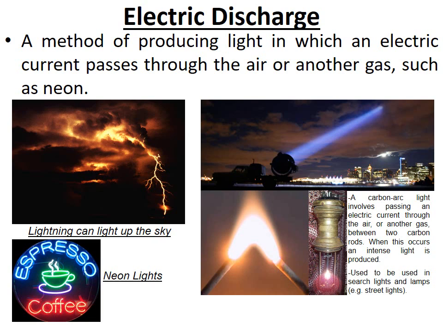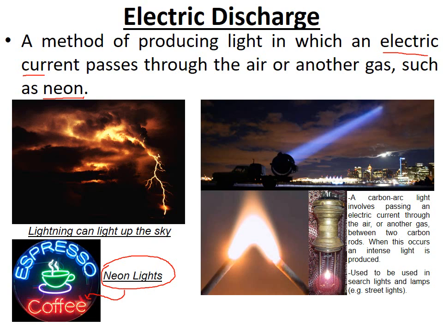And then we get to electric discharge. Electric discharge is a way to produce light by passing an electric current through some kind of gas, through air or some other gases like neon, which is a noble gas. And so now this term might make sense to you. When you see neon lights, for example, the open sign in front of the stores, that's basically filled with a gas, oftentimes noble gases, and electricity runs through it, and it causes the gases to release visible light.